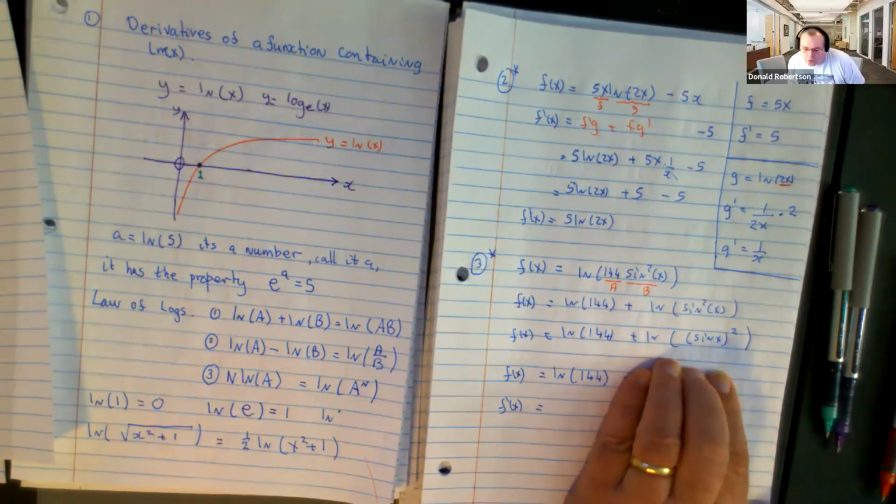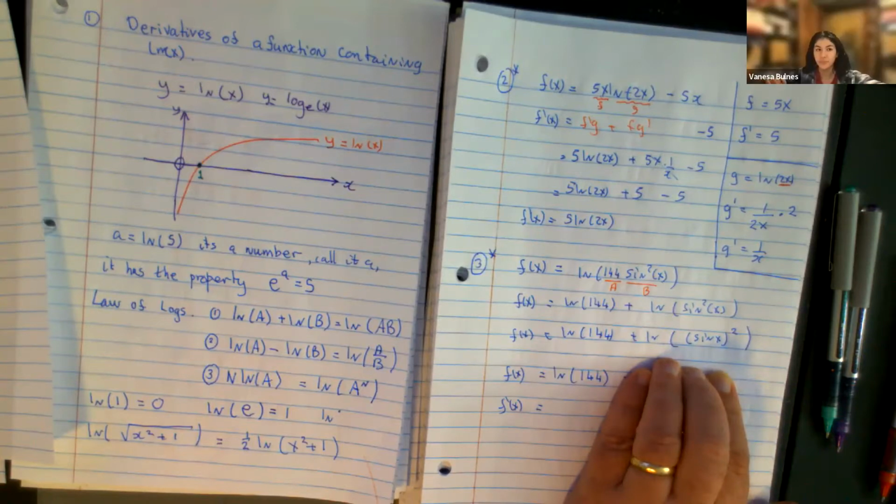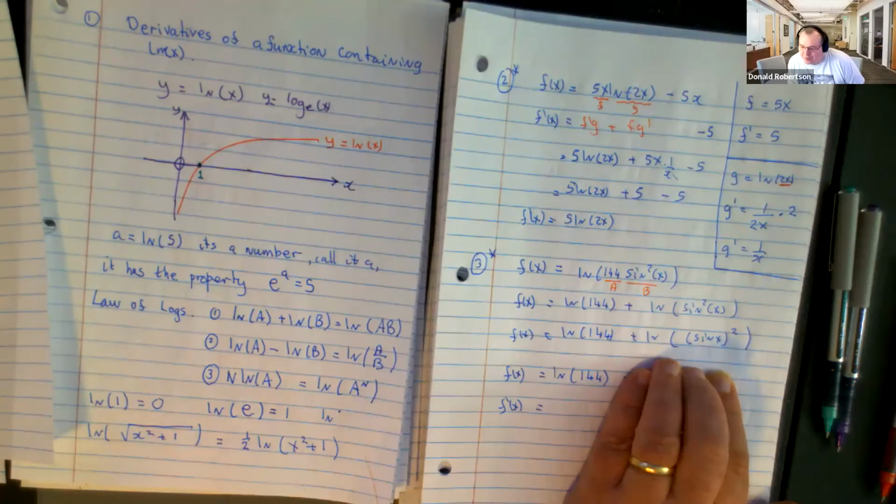What's the derivative of the log of 144? Is it 0? Yes. Do you know the mistake you might have made? 1 over 144. You know, like, well, we've done it before. Isn't the derivative of e cubed still 0? It's just a number, and it doesn't matter how it's written.